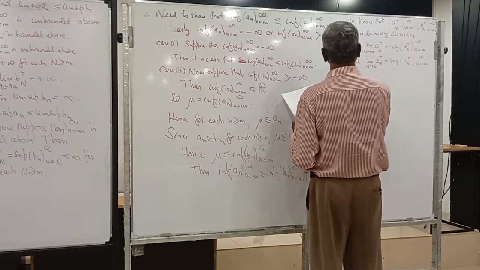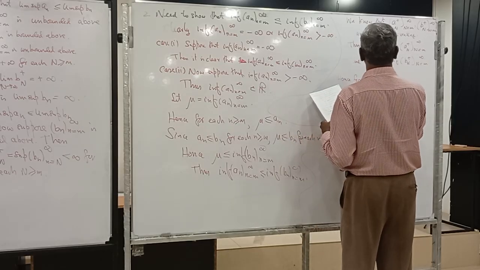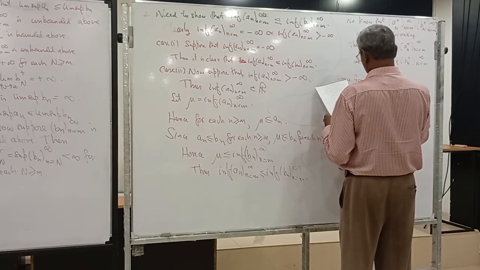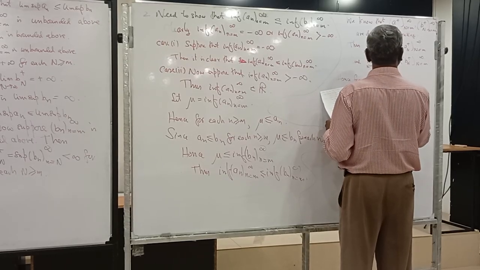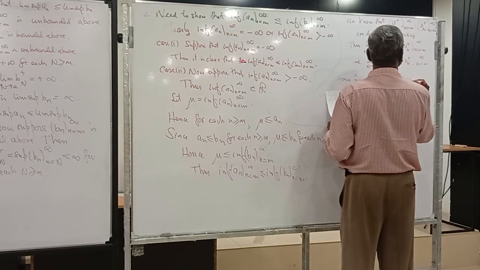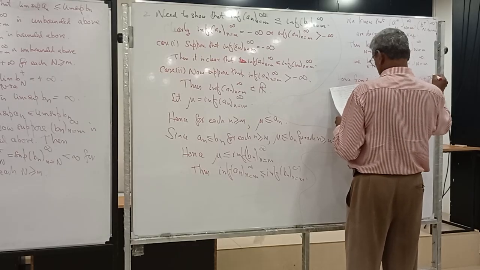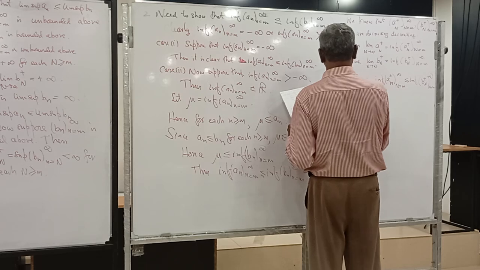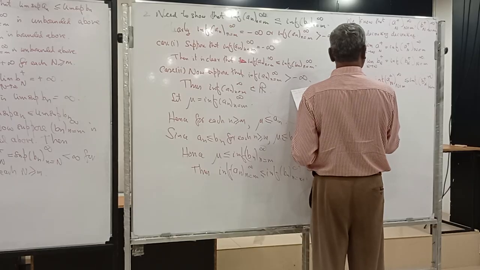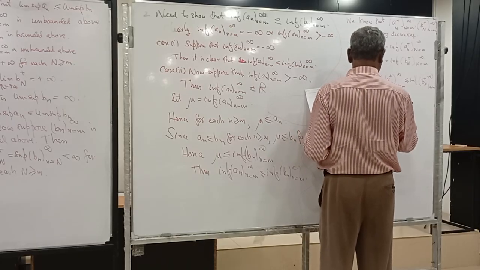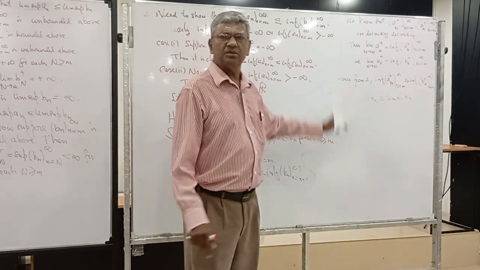Hence from 2, if An plus is less than or equal to Bn plus, n going from n to infinity, so A is less than or equal to B. The last one I am not doing, it is parallel to this one.